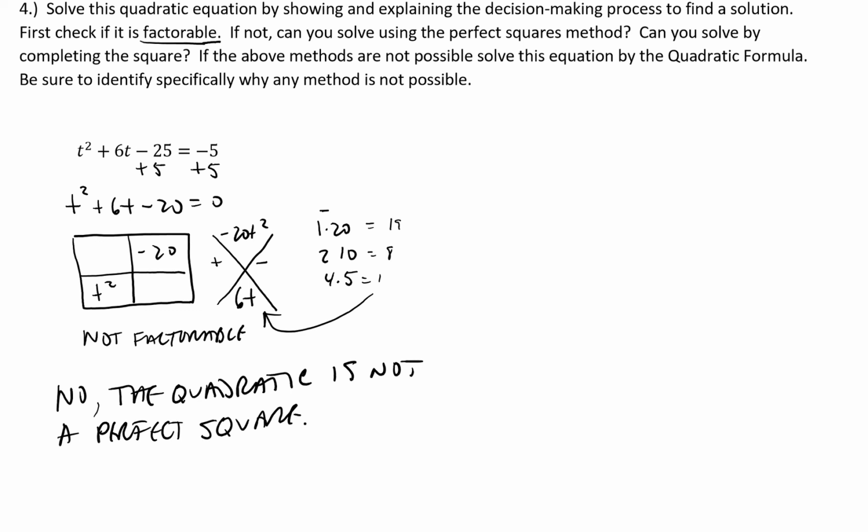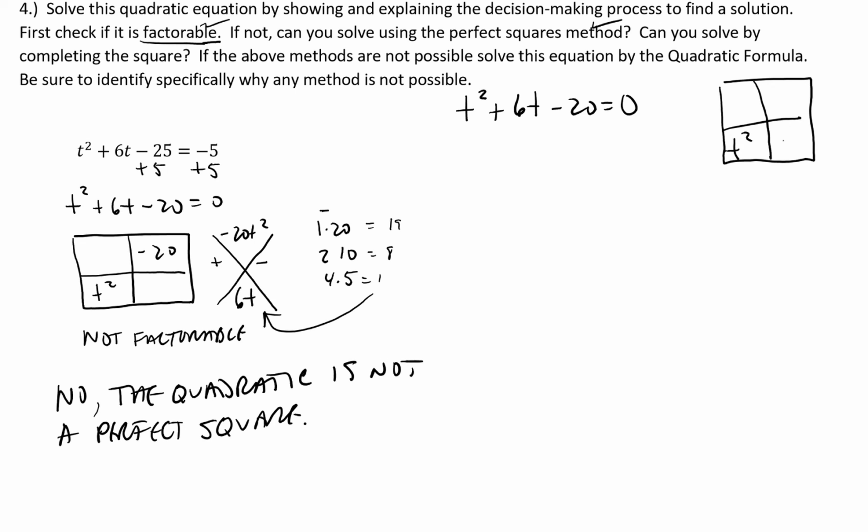All right, so we know it's not a perfect square. Can you solve by completing the square? So, I've got t squared plus 6t minus 20 equals 0. Using completing the square, I basically want to complete the square.